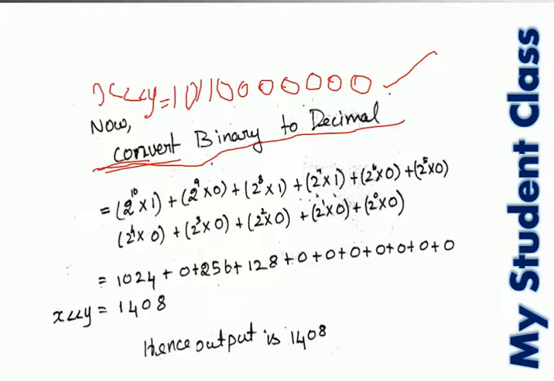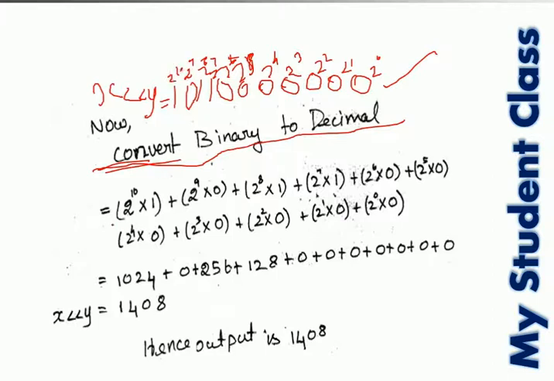We take the rightmost bit as 2 power 0, the next as 2 power 1, the next as 2 power 2, and each bit is multiplied with its power. So 0 into 2 power 0, 0 into 2 power 1, 0 into 2 power 2, 0 into 2 power 3, 0 into 2 power 4, 0 into 2 power 5, 0 into 2 power 6, and 1 into 2 power 7, 1 into 2 power 8, 0 into 2 power 9, and 1 into 2 power 10.